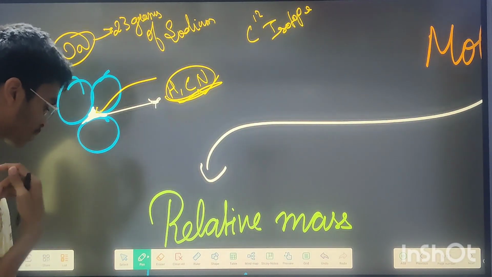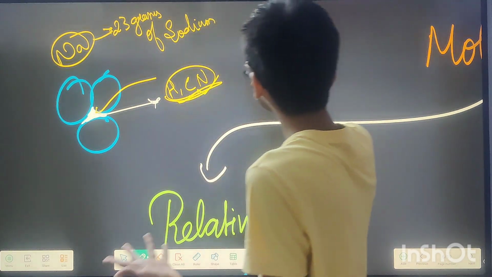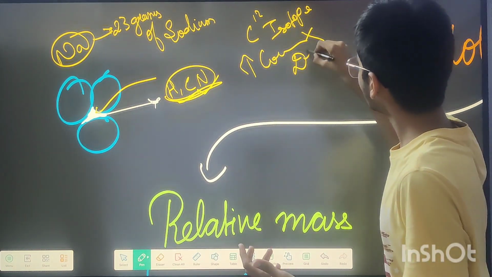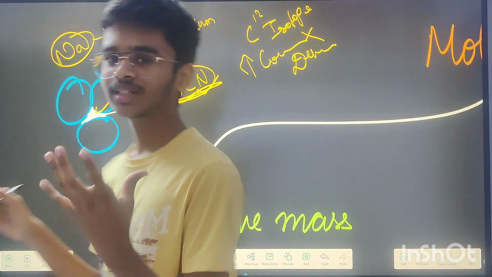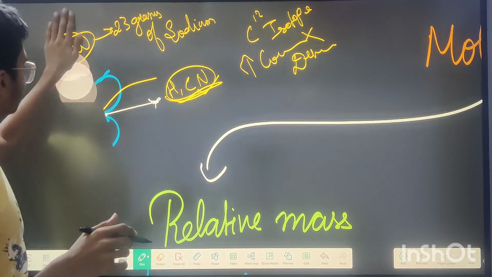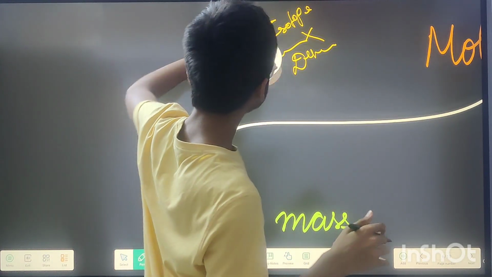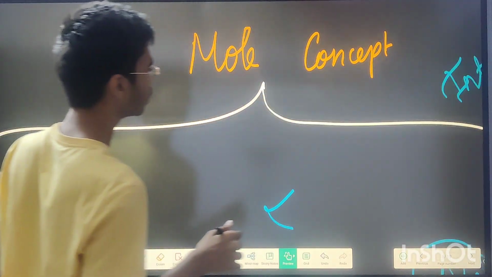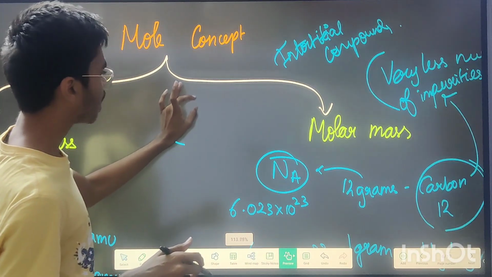Also there are some effects: these will not just increase the mass or the count, they will also play a role in density. This is called the Schottky effect. I will explain all of this very clearly in F and D block elements, but since I have to explain it a little bit now, I'll say this. So that is the primary reason why they have chosen the carbon 12 isotope.